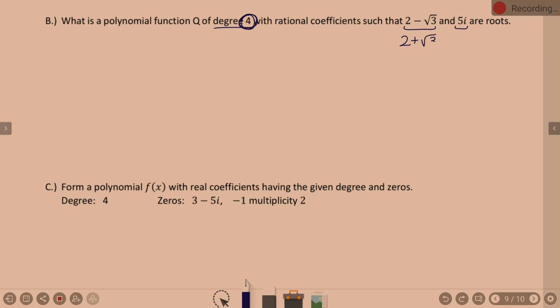If 5i is a root, guesses? Negative 5i. Now, 1, 2, 3, 4. Do we have 4 now? We do. Are we back to English now? Okay. Eventually.